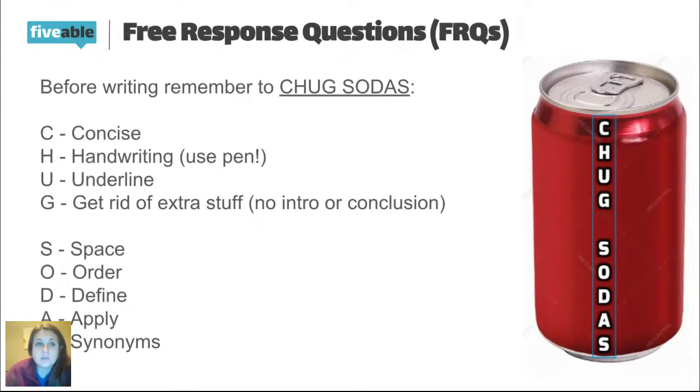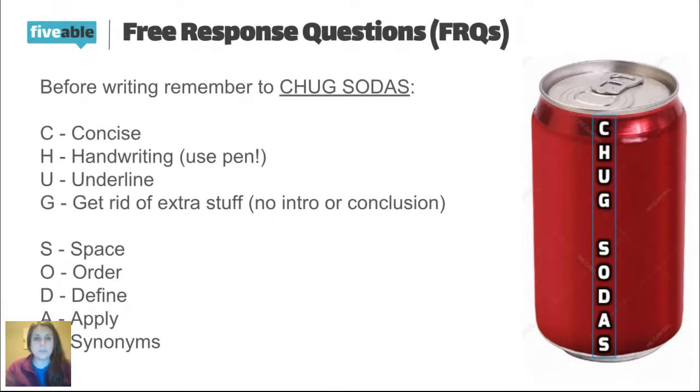It's just easier for the person reading or grading your paper to visually see when a new idea starts, and it will help them in scoring you more fairly. Always go in the order of the prompt, again, just so the person reading it doesn't get confused and it doesn't end up costing you points. Always define the term, always apply the term to whatever the situation is, and use synonyms when appropriate.